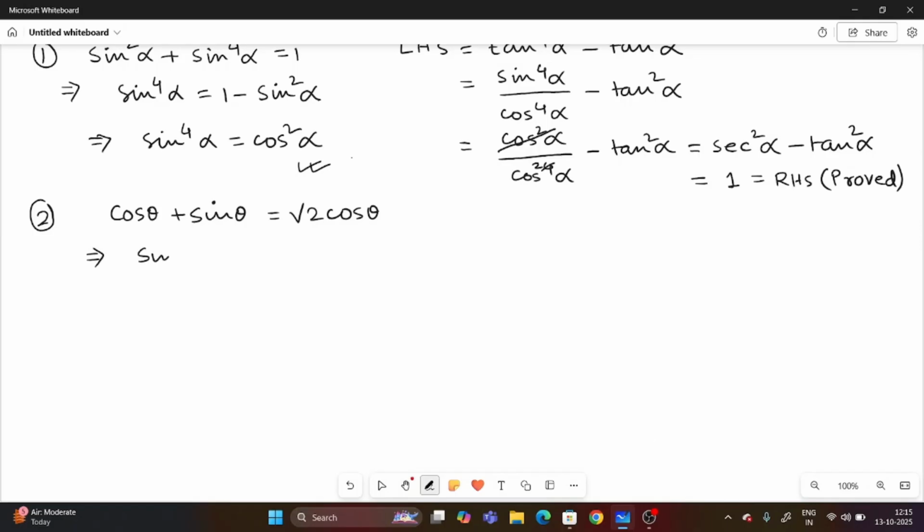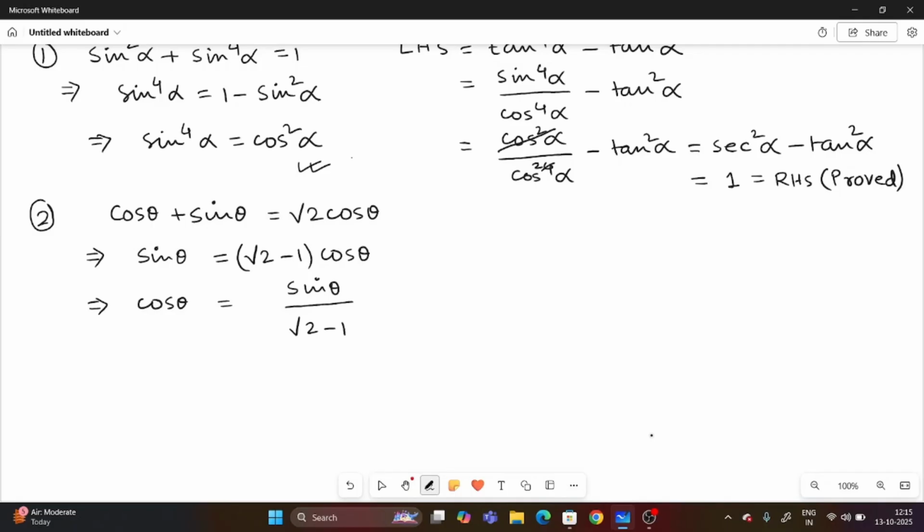So from this we can write sin theta is equal to root 2 minus 1 multiplied by cos theta. So what will be the value of cos theta? Sin theta divided by root 2 minus 1.